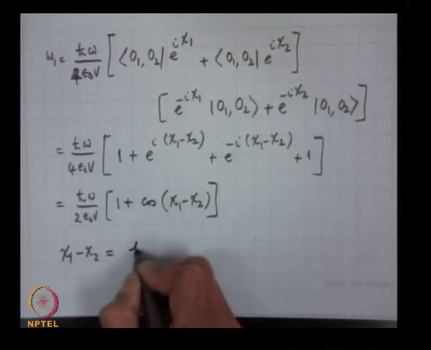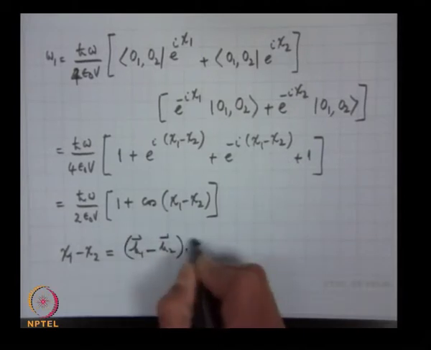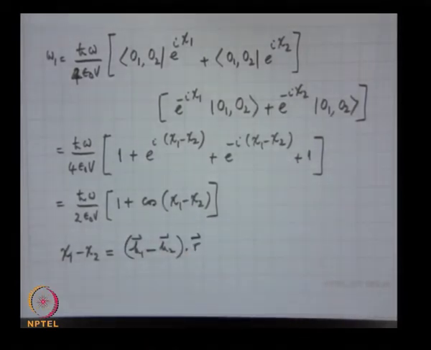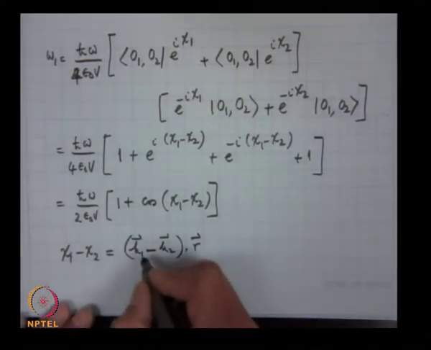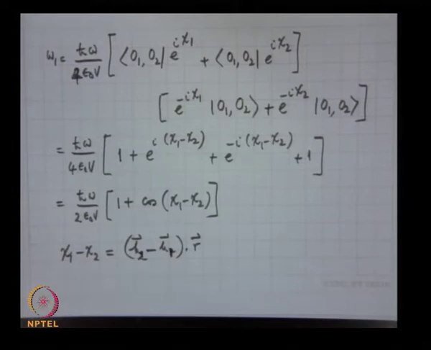chi 1 is omega t minus k1 dot r, chi 2 is omega t minus k2 dot r, sorry, this is k2 minus k1. Chi 1 minus chi 2 is k2 minus k1 dot r.